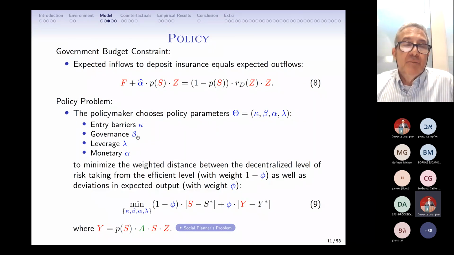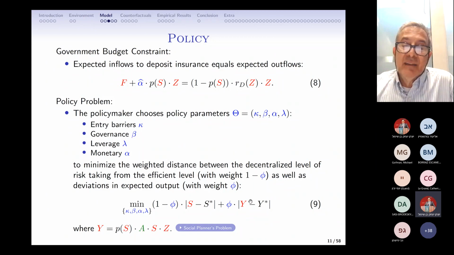And then the policy problem. I'm thinking of this like a macro person that solves a DSGE model. These models have a policy objective function, and then policy is chosen to minimize any costs.